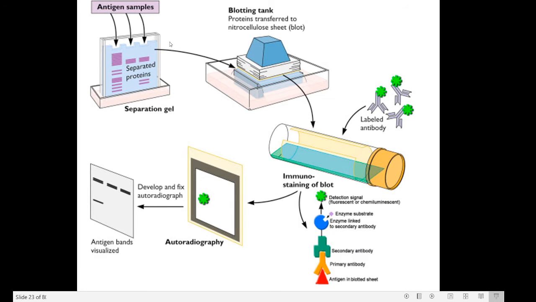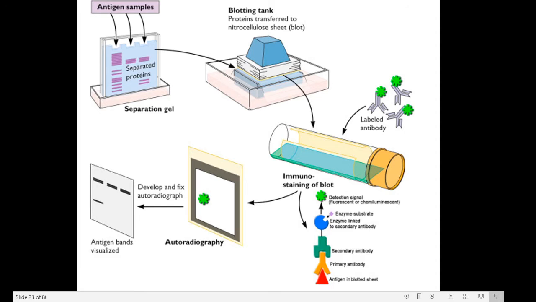It's a setup. Here they make an impression, and in this blotting, the protein is directly transferred to the nitrocellulose membrane.